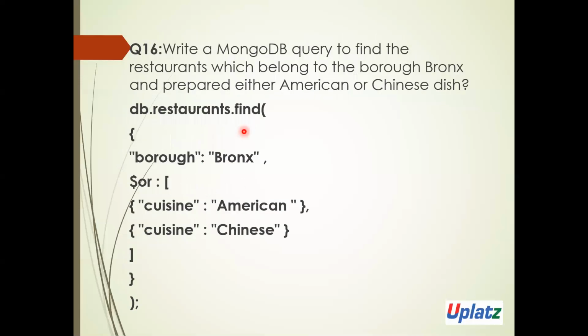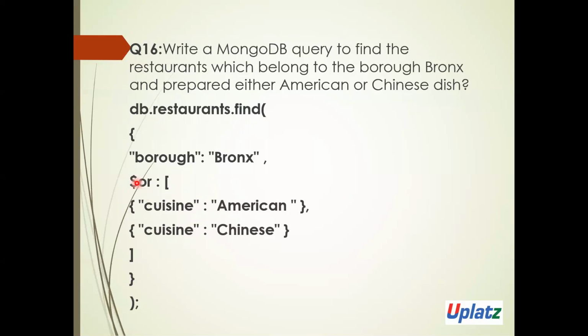So the next question is: write a MongoDB query to find the restaurants which belong to the borough Bronx and prepare either American or Chinese dish. So what they are telling is, for that particular restaurant I need to find either American or Chinese, what are they preparing? So for that I have used the OR operator. So what does that mean?